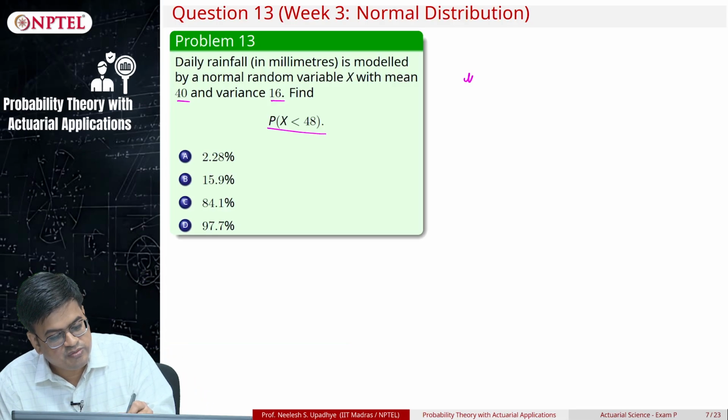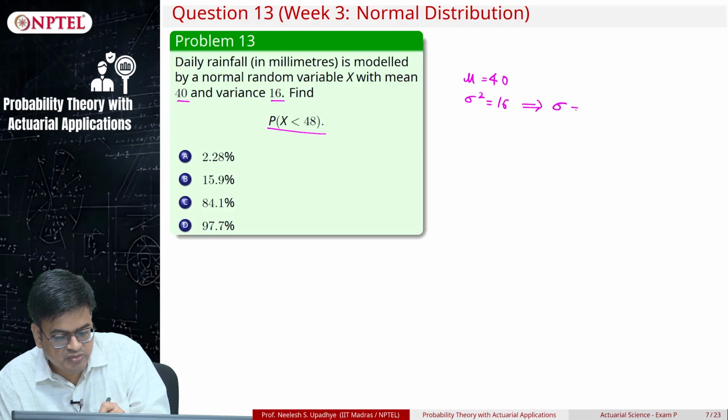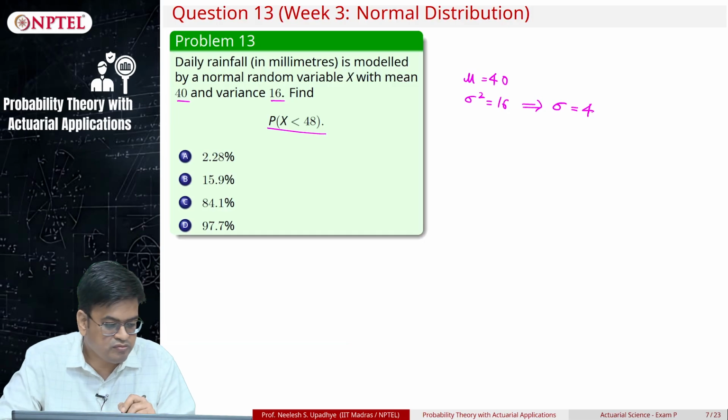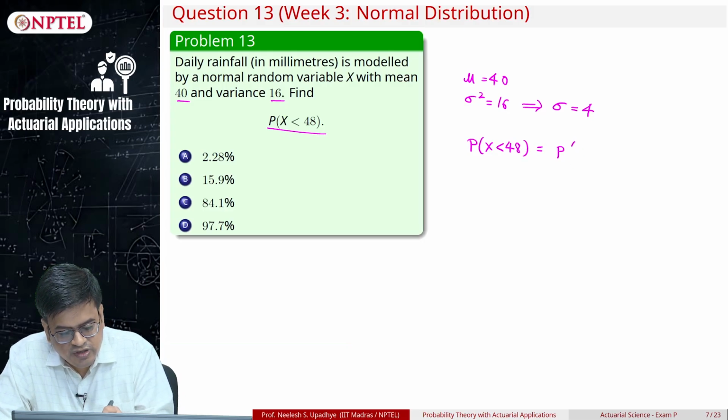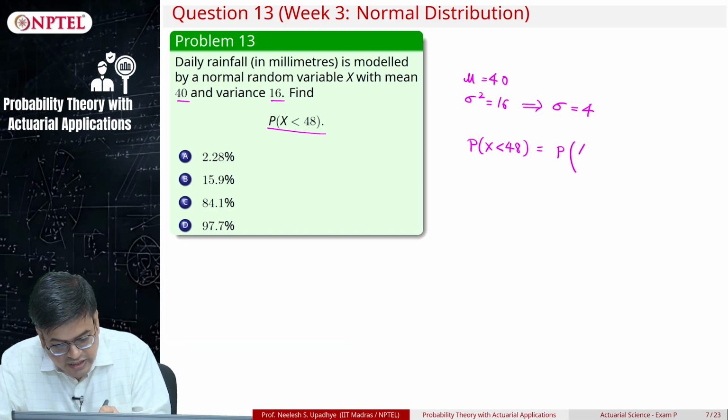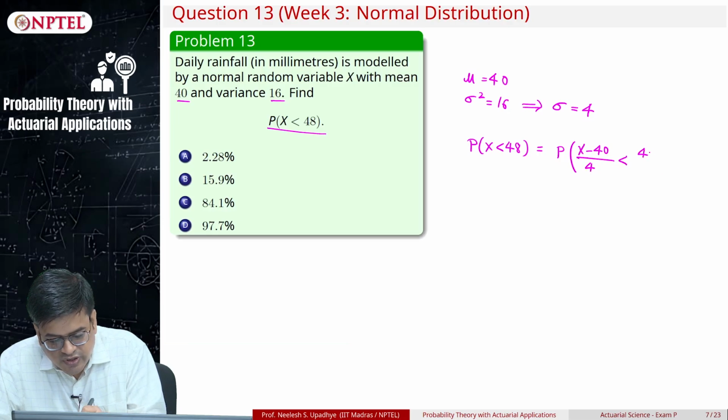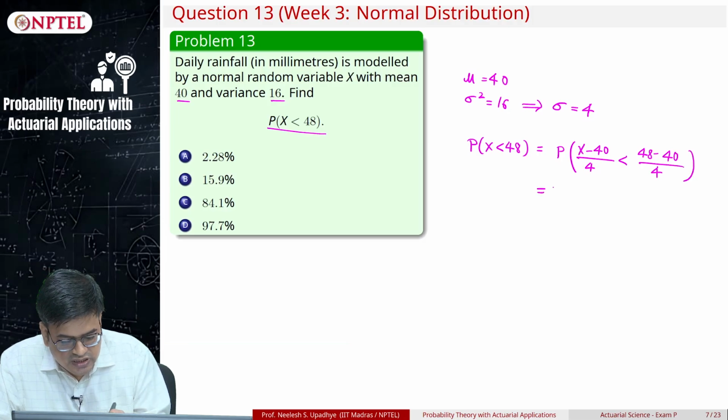So you can write here mu is equal to 40, sigma squared is equal to 16, which implies sigma is equal to 4. Then probability of X less than 48 is equal to the probability of (X minus mu) upon sigma, which is (X minus 40) upon 4, less than (48 minus 40) upon 4, which means the probability of Z less than 8 by 4, which is 2.